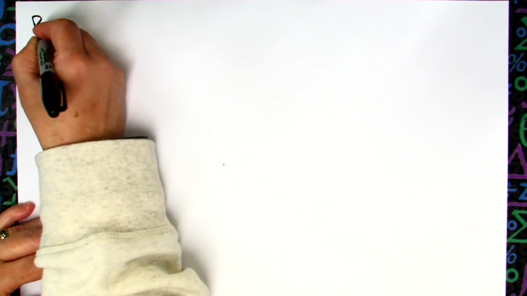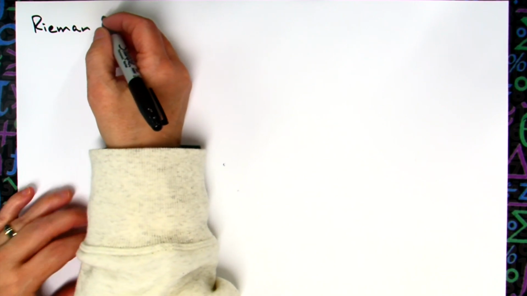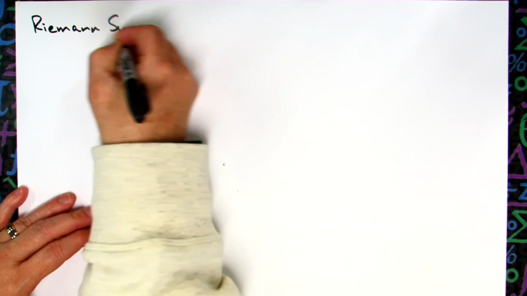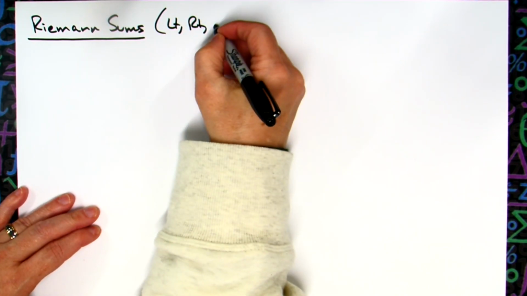All right, now let's see if we can take some type of function and then just write, not actually do the math, but write the Riemann sum out. Let's make clear indication that we know the difference between just an integral and a Riemann sum. Okay, so Riemann sums, I'm going to abbreviate here: left, right, midpoint.